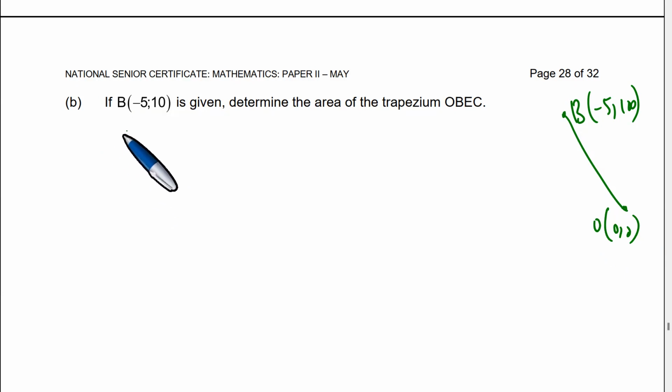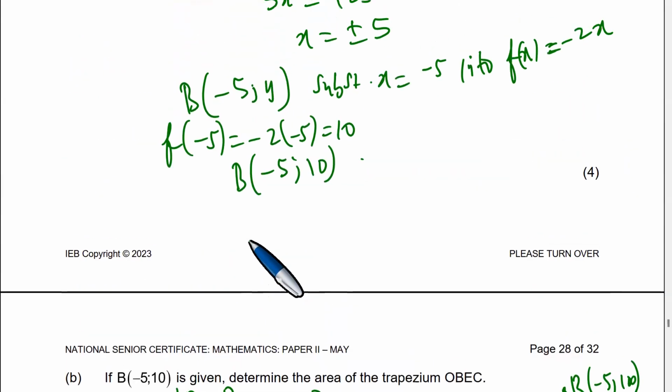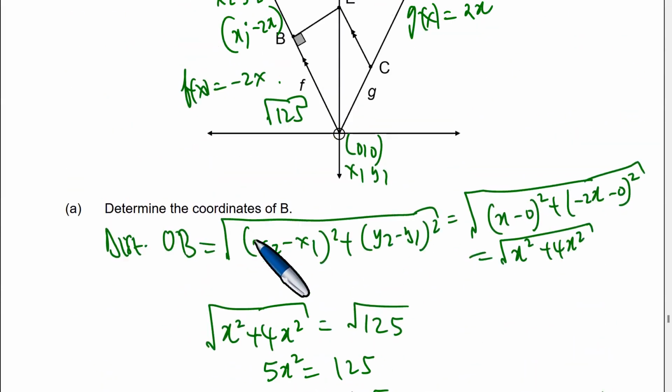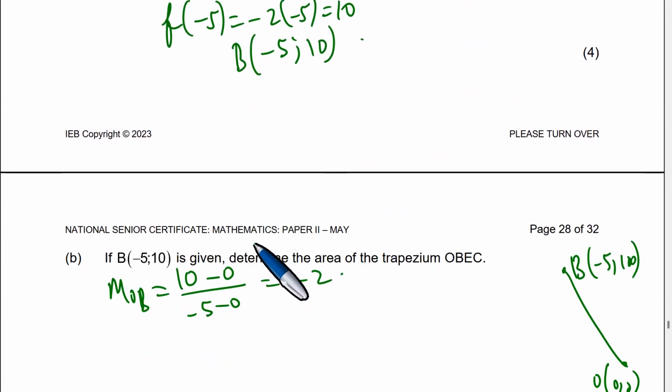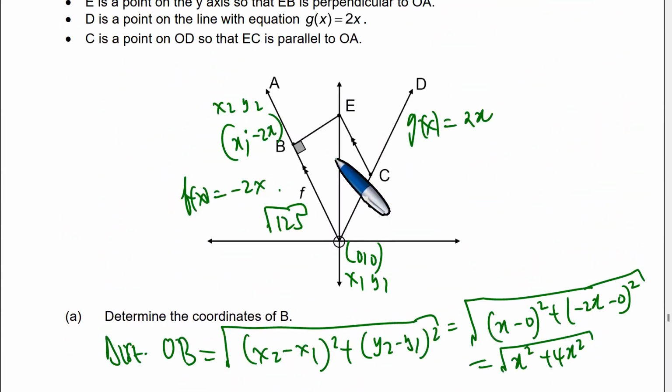So the gradient of OB is 10 minus 0 over minus 5 minus 0, which is minus 2. The formula we're using for the gradient is change in y over change in x. The gradient of OB is minus 2.